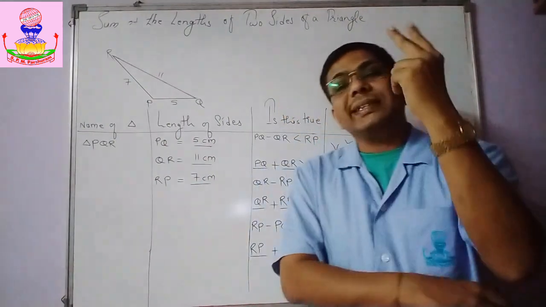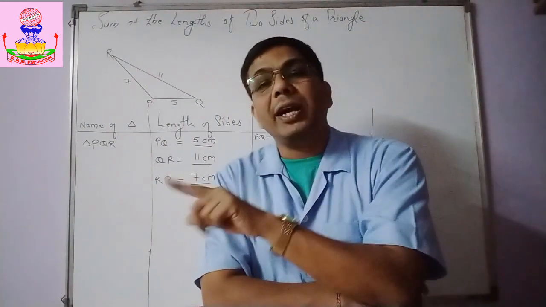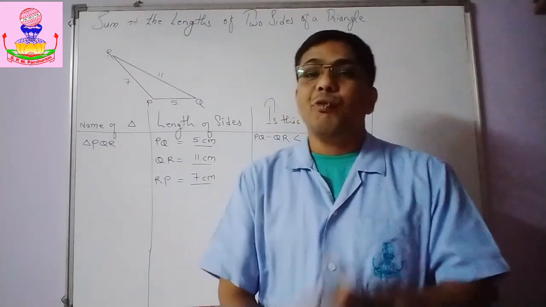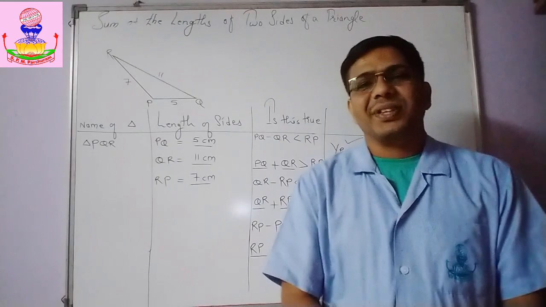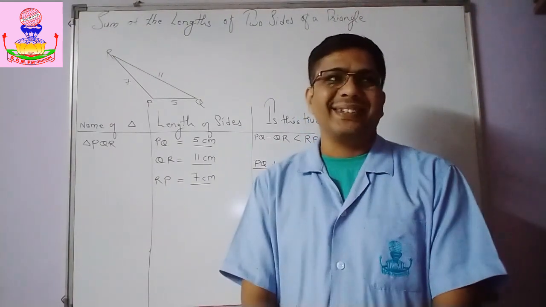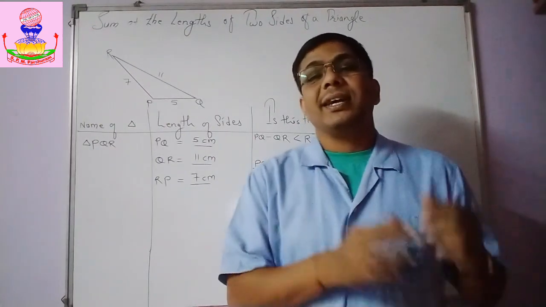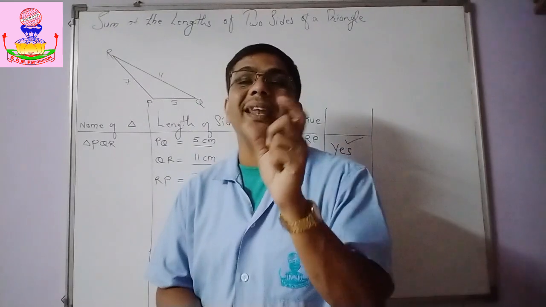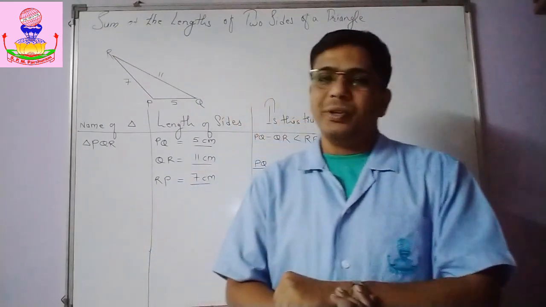But if only two lengths are given and we are supposed to find the third length so that the triangle is possible, for that what do you need? The difference between the lengths as well as the sum of the two lengths. So these both properties are essential when you need to find the range of the length of the third side. Do you get it?